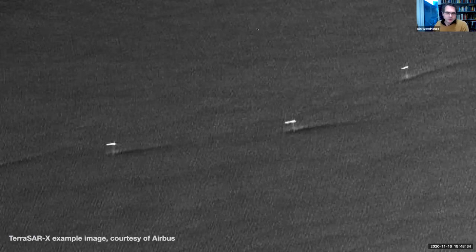That's what we see when we look at ships in the ocean, where the ship is displaced from its wake. The wake is in the correct place, but the ship, because it's moving, is adding an extra Doppler shift, and so it gets put into the wrong place in the beam. But the good news is that if you measure that distance, you can actually make an estimate of how fast that ship is traveling.